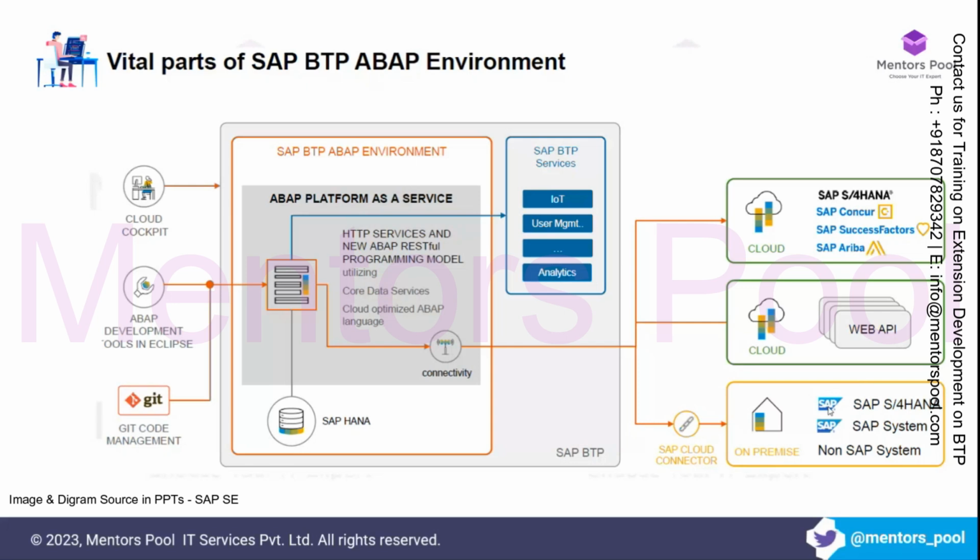Our application could utilize the HANA database underneath it, and with the connectivity feature, it can utilize the services available on premise with the help of Cloud Connector, or other cloud-based web APIs or any third-party cloud tools like Concur, SuccessFactors, or Ariba, hand in hand with using SAP BTP services like document translations and so on.